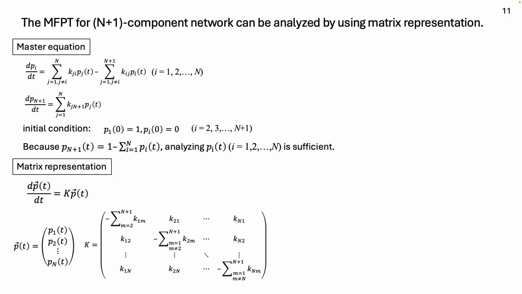And to do so, we use matrix representation, but it's the same meaning. For calculation, we represent it in matrix form. The P vector is P1, P2, up to Pn. And matrix K is the coefficient matrix. K contains the information of the network structure.